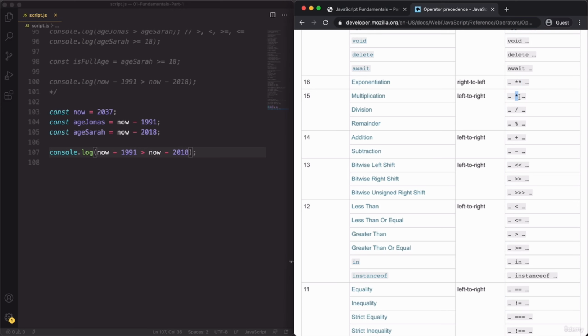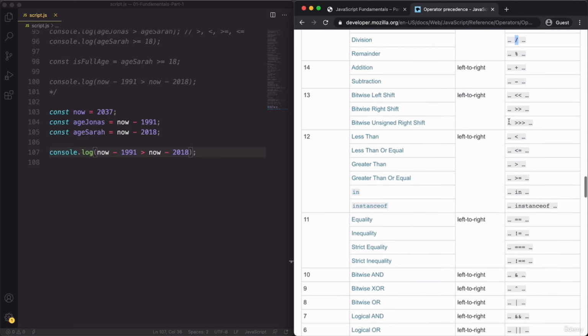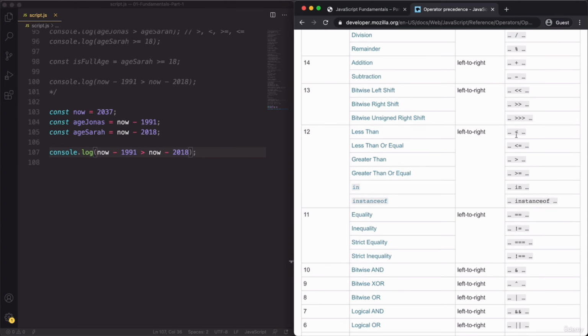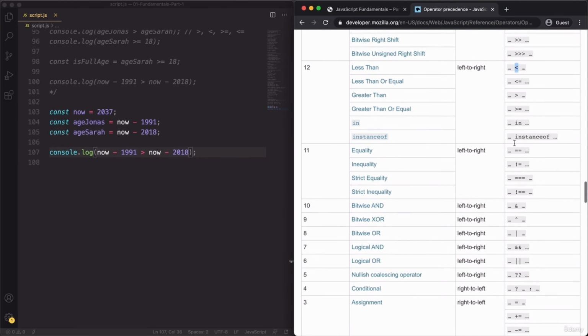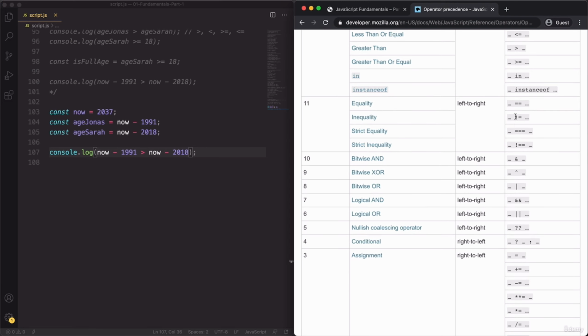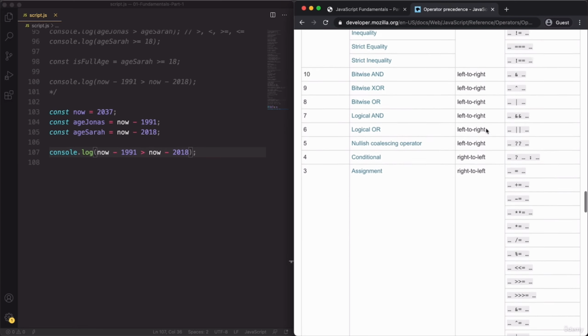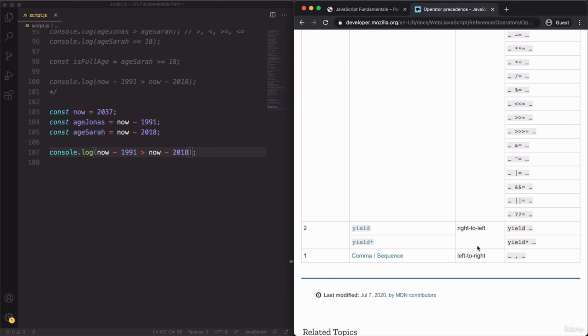We have all these math operators here. We have our comparison operators, right? We have some other equality operators here and a bunch of other operators. And this is actually a nice reference where you can see all the operators that exist in JavaScript in one handy table.